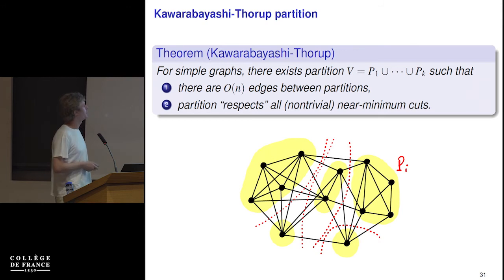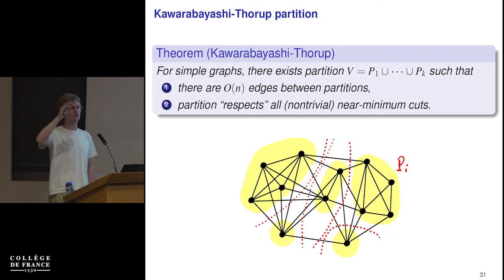So somewhat more specifically, what they proved is that if we have a simple graph, then there exists a partition of the vertices into components P1 up to Pk, so that if we ignore the edges inside the partition, but only look at the edges between the partitions, then there are only order of n edges between the partitions. And secondly, any minimum cut, and this only holds for non-trivial minimum cuts, where a non-trivial minimum cut is one that does not just cut off a single vertex.